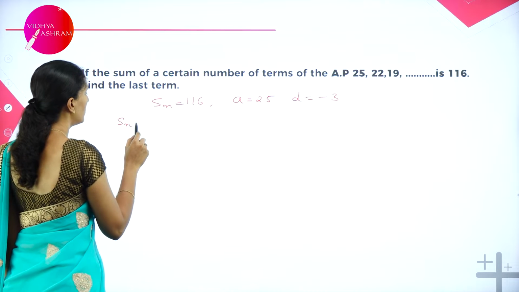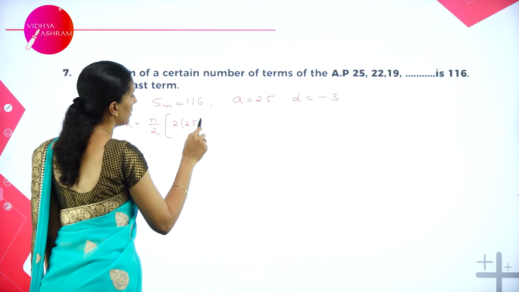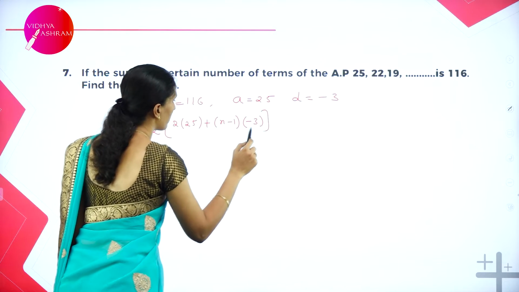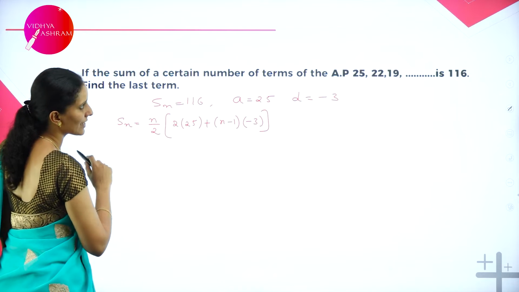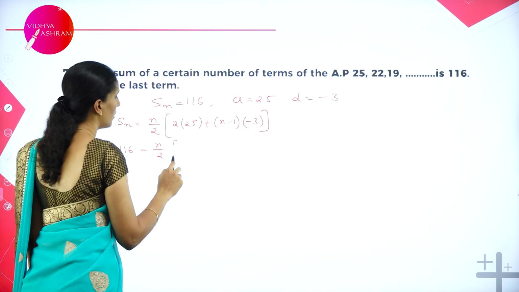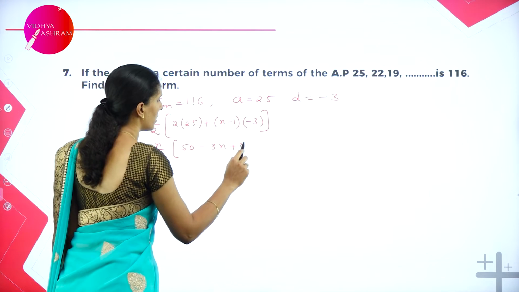Sn is equal to n by 2 times (2 into 25 plus (n minus 1) into d, which is minus 3). So solving this, we have Sn is equal to 116, which is n by 2 times (50 minus 3n plus 3).